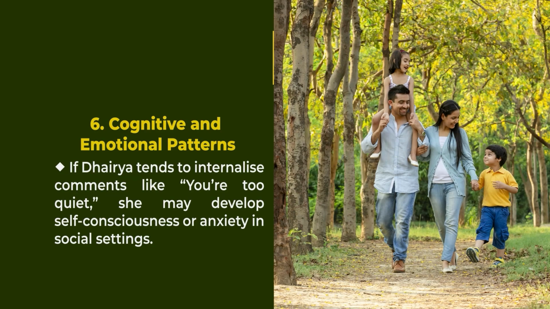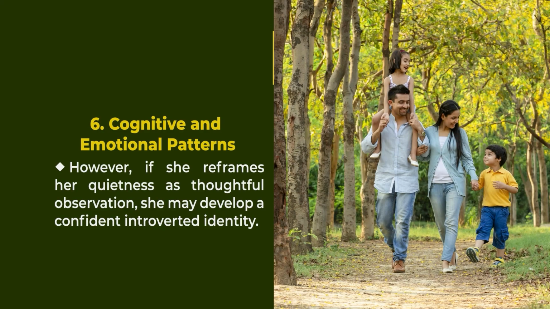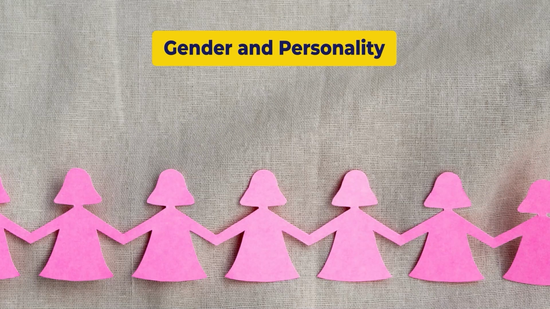If Dhairya tends to internalize comments like you are too quiet, you are too withdrawn, you are too unsociable, then she might develop self-consciousness or anxiety in social settings. However, if she reframes her quietness and realizes that there is a thoughtful observation in her quietness, she may develop a confident introverted identity.